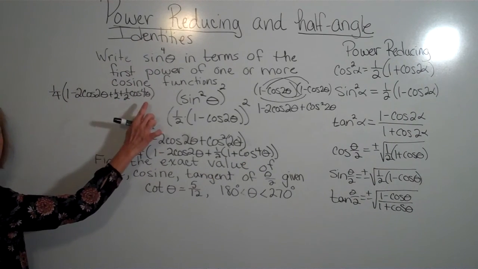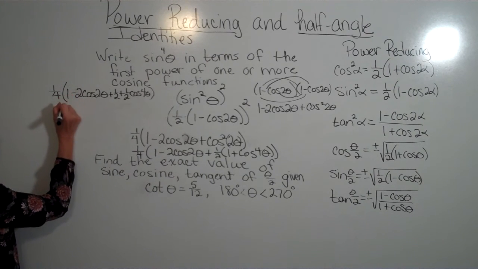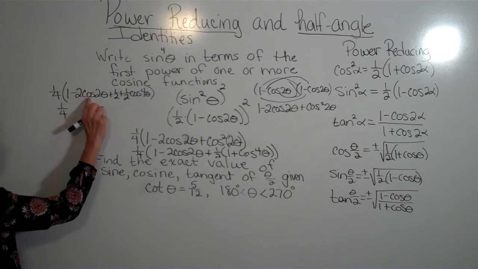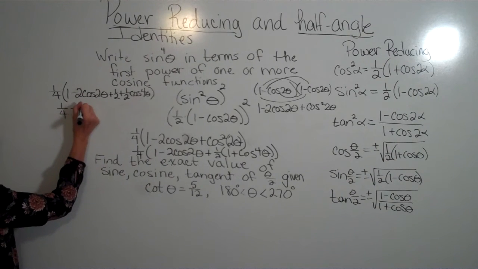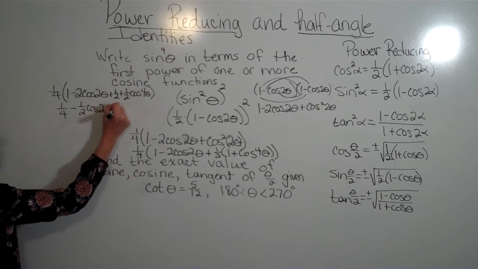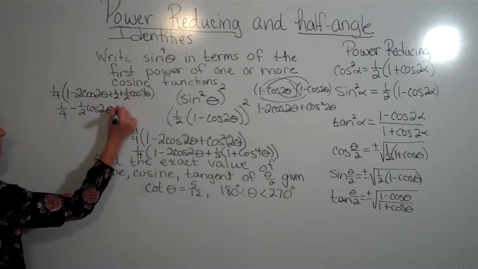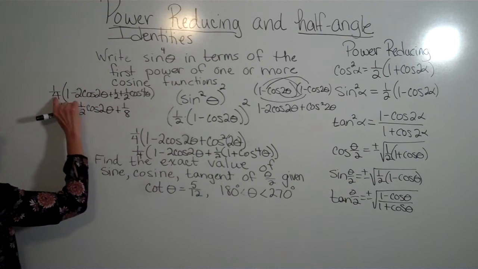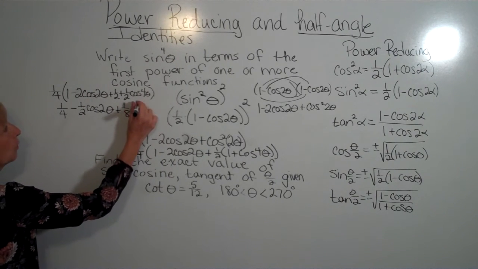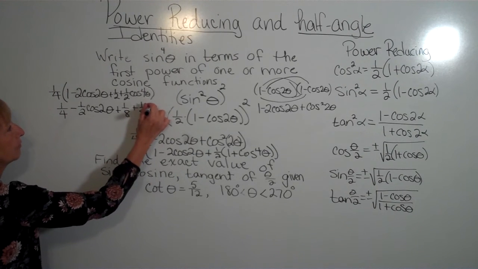Now let's go ahead and distribute the 1/4. So 1/4 times 1 is 1/4, and 1/4 times a negative 2 cosine 2 theta is a negative 1/2 cosine 2 theta. 1/4 times 1/2 is plus 1/8, and then 1/4 times 1/2 cosine 4 theta is plus 1/8 cosine 4 theta.